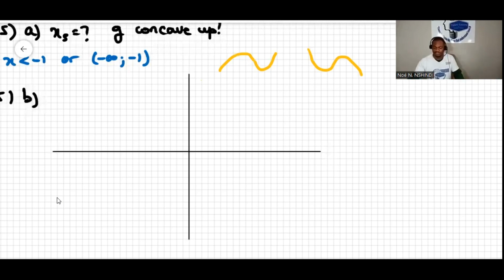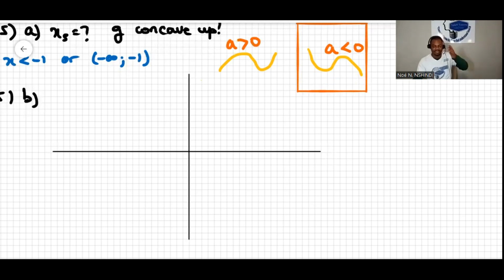It can be this way or this other way. It has this form, increasing, decreasing, increasing if a is positive, and decreasing, increasing, decreasing if a is negative. In this situation, we're dealing with this type of graph, so we already know that it will decrease, increase, and then decrease.